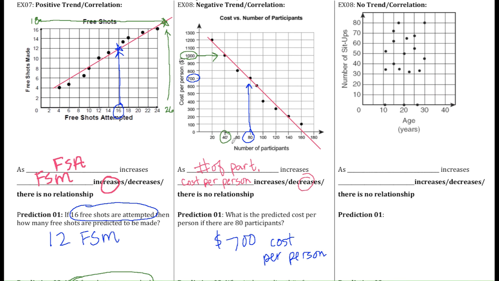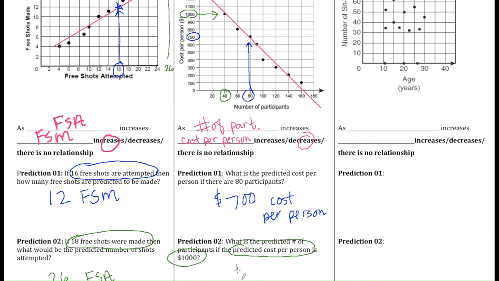That means there are predicted to be 40 people. Remember that in these ones, prediction 1 will give you the independent variable, the x, and ask you for the predicted y. And then on prediction 2, it'll give you a y value and ask you for the predicted x value.